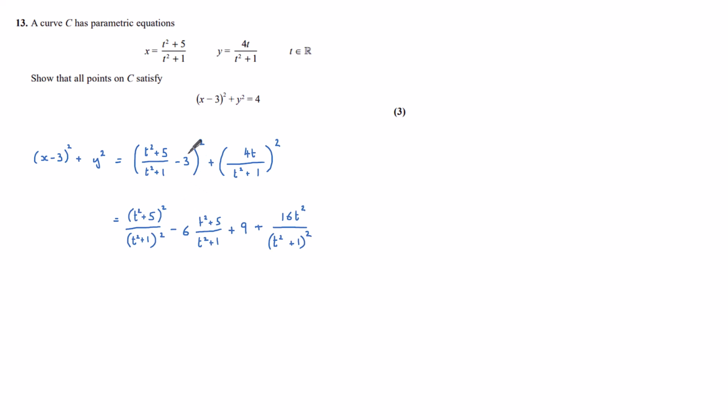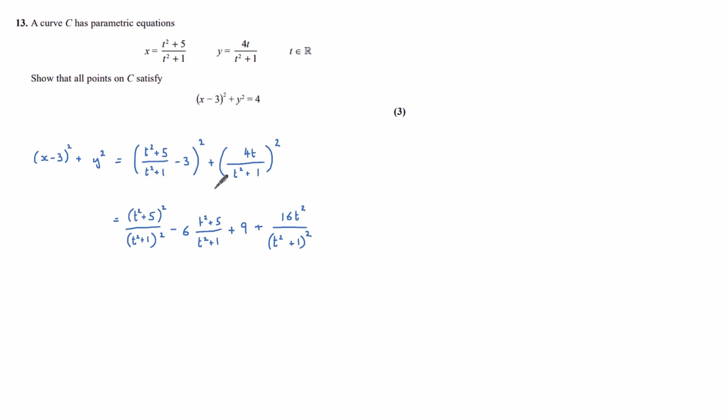Taking great care here to expand these brackets, we have (t squared plus 5) over (t squared plus 1) all squared. We'll have 2 times negative 3 lots of (t squared plus 5) over (t squared plus 1). Then minus 3 times minus 3, which is plus 9.